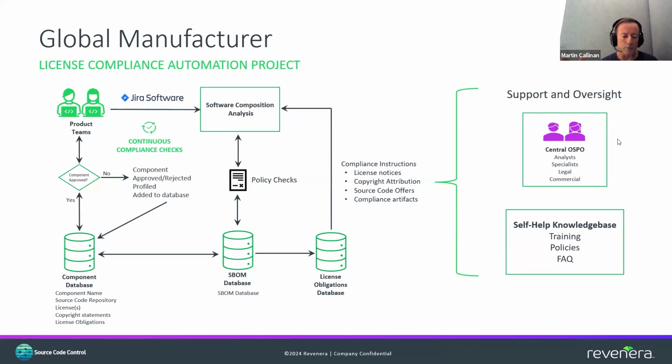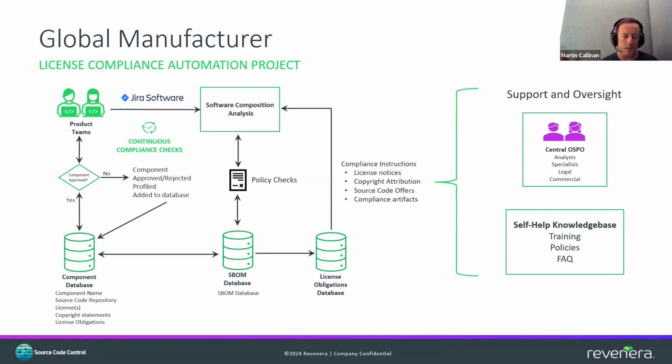Now OSPOs are becoming a very popular thing to implement in companies that develop software. I've just come back from the Open Source Summit Europe, and there's a whole stream about OSPOs with different companies presenting about what they do as an OSPO, and all very similar to the process I'm going to talk about with this particular company.